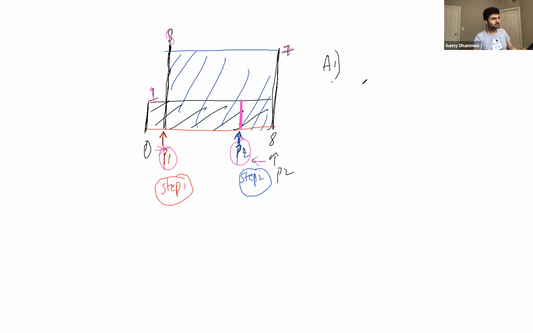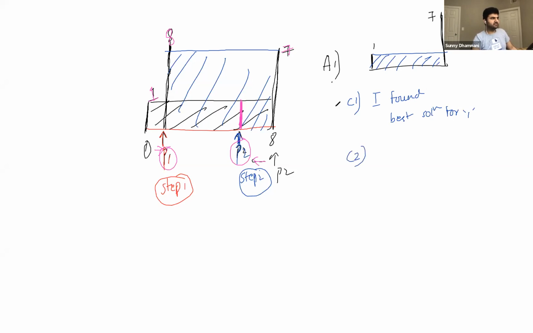So first is, when I was having this 1 and 7 thing, I found the best solution for 1. Is everybody agreeing on C1? That I found the best solution for 1, which lies at the leftmost end.